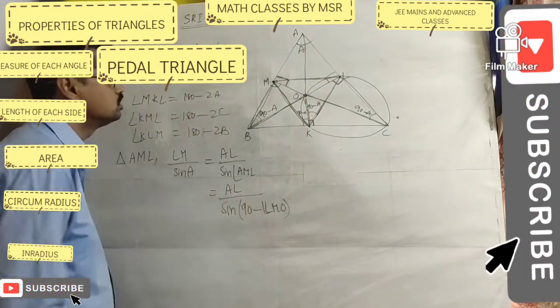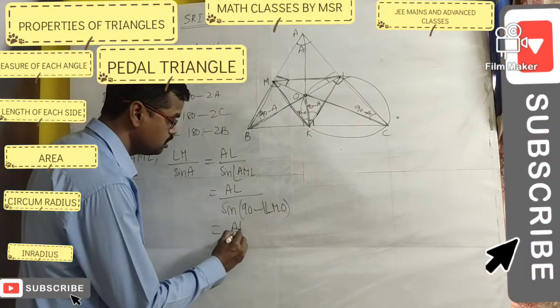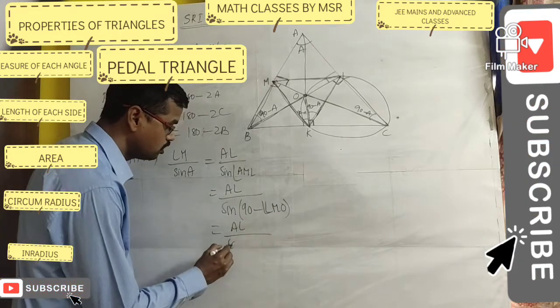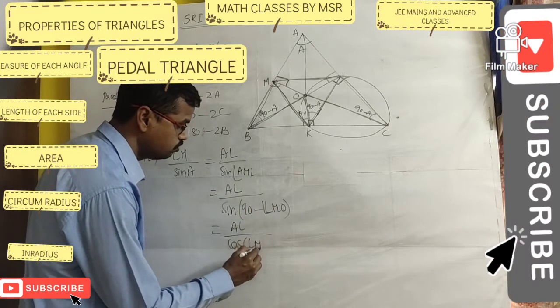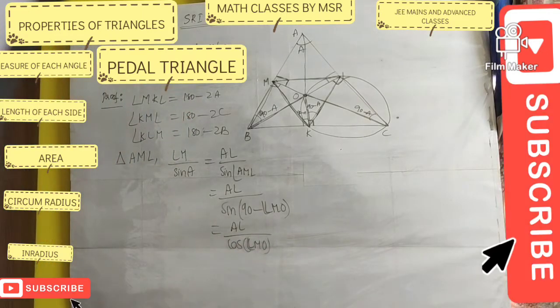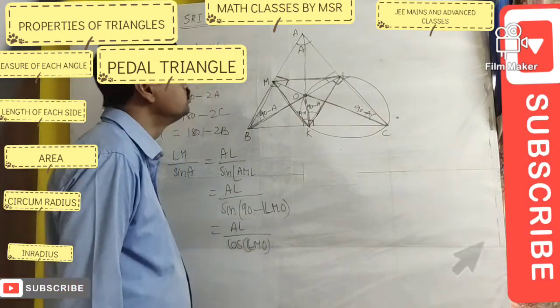Now sin of 90 minus theta is cos theta. So it is AL by cos of angle LMO.